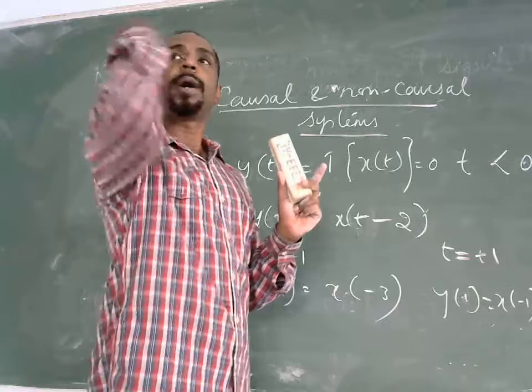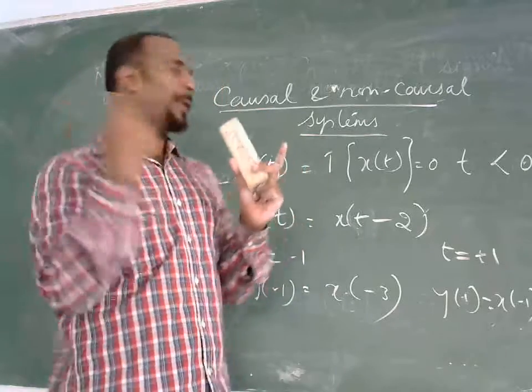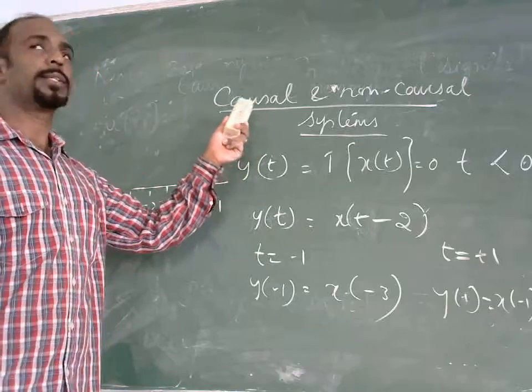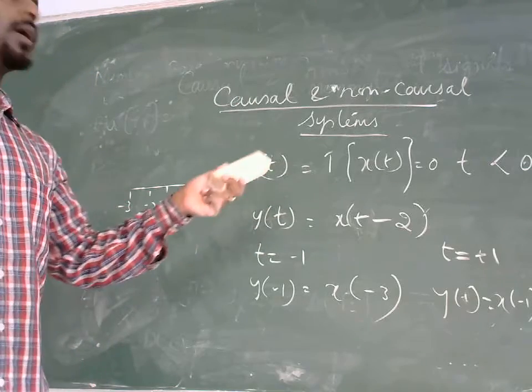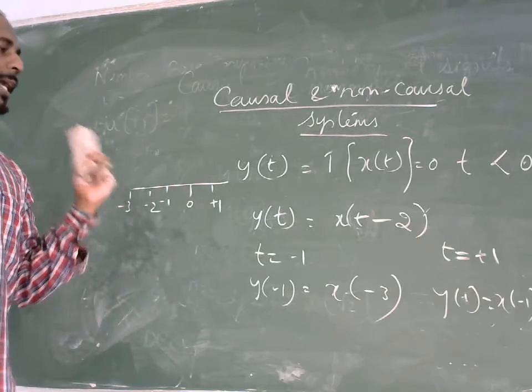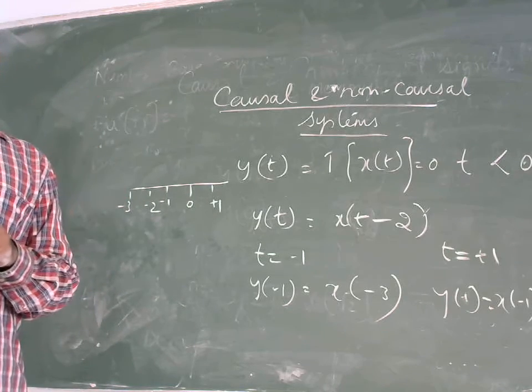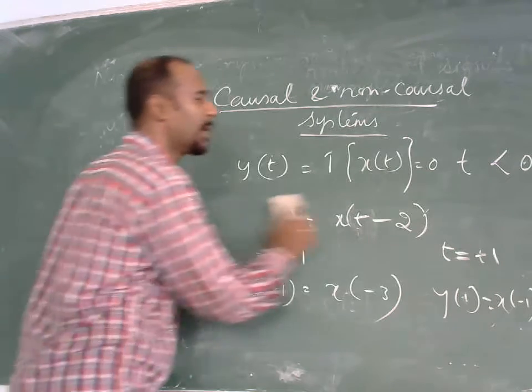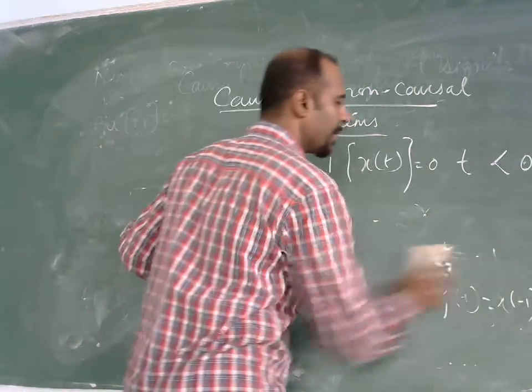I am standing at 1, and minus 1 is behind me, so this is a past value. So the system is a causal system because it depends upon the past value of the input and not on the future value of the input. Therefore, the given system is a causal system.